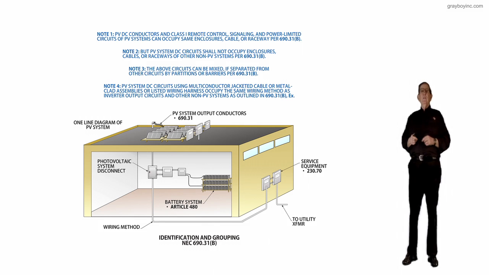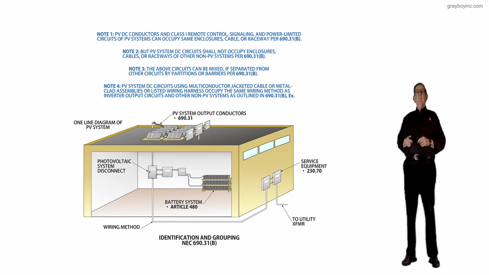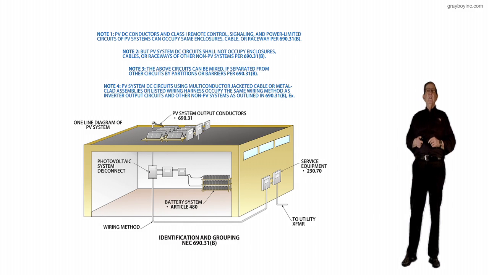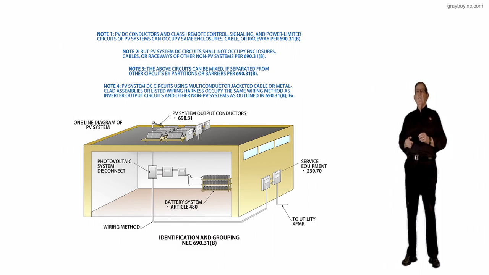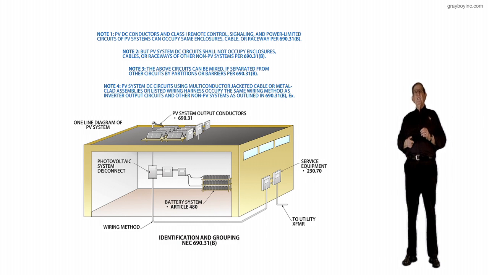Now, the bullets: note 1, right above the illustration, notes PV DC connections and Class 1 remote control signaling power-limited circuits of PV systems can occupy the same enclosure, the same cable or raceway as permitted in 690.31(B).